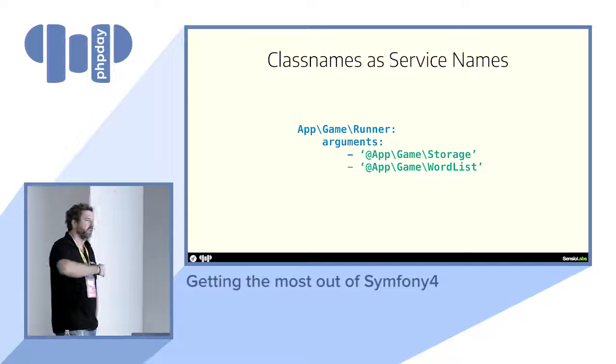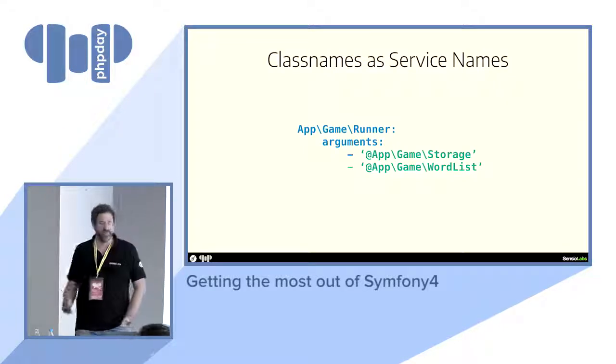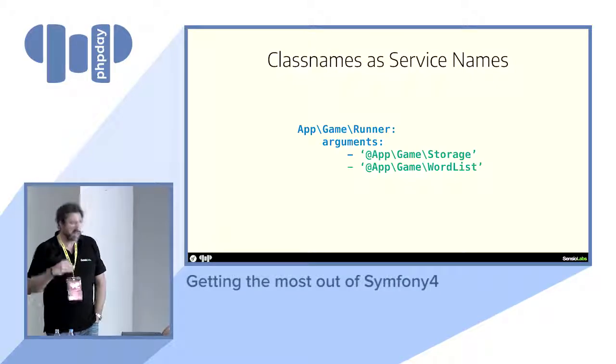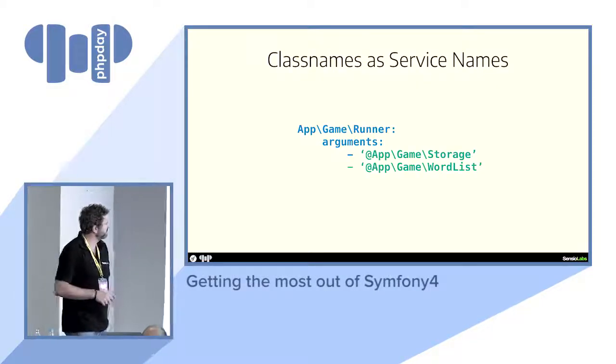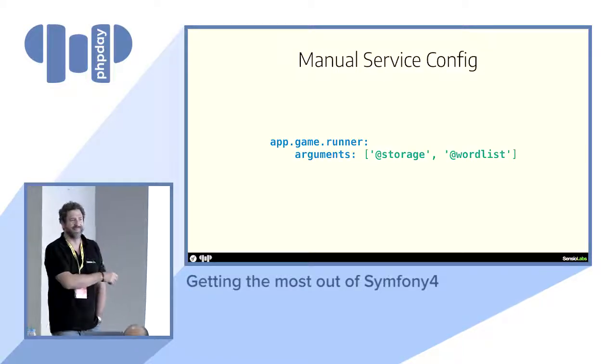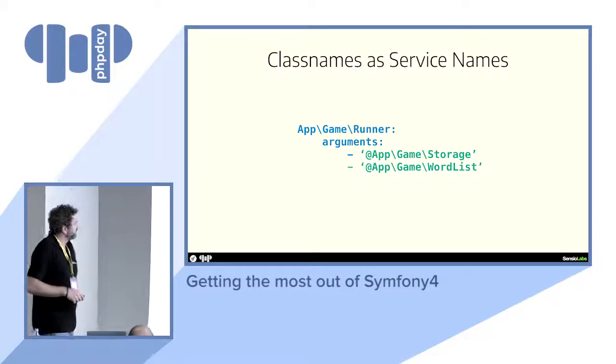You can now use class constants to get the full name and avoid typos, have auto-completion in IDEs, and get rid of the class argument attribute. Oh, I forgot the class attribute in the last slide. Sorry, this is wrong. There needs to be a class argument there. So you can actually get rid of the class argument here.